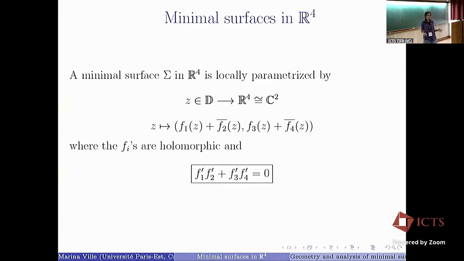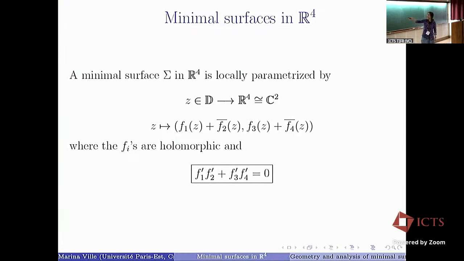We all know the definition of minimal surfaces. In R3, there is a Weierstrass representation. In R4, there is actually a really nice way of representing them locally. As you know, a minimal map is conformal and harmonic. Harmonic, we all learned, means the map is locally the real part of a holomorphic function.